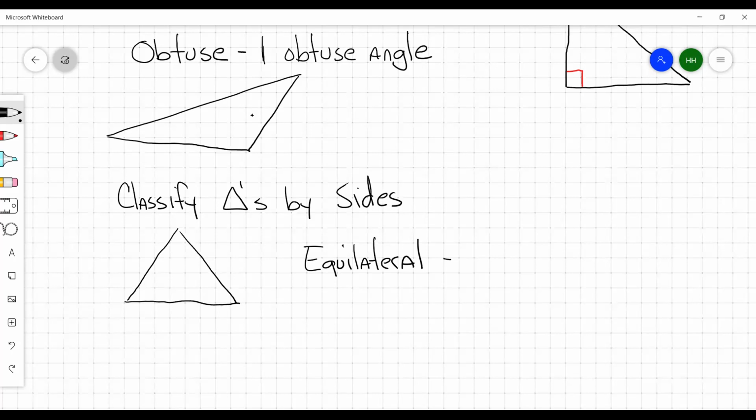Equilateral triangles. They have 3 congruent sides. And the symbol would look like your tick marks. Each side has one tick mark on it. That means that all the sides have the same length.